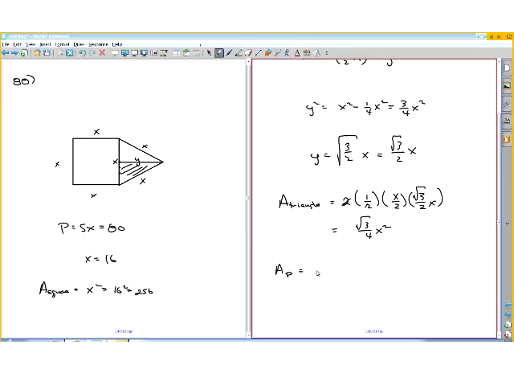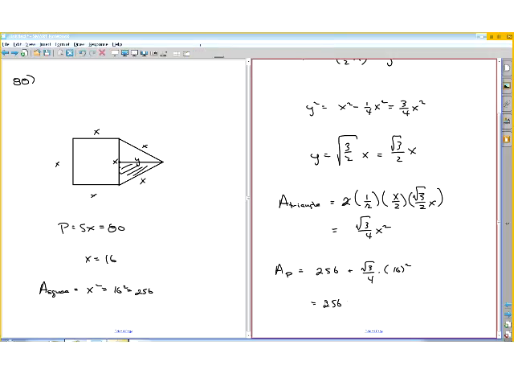So the total area of the pentagon is going to be the area of the square, which is 256, plus the square root of 3 over 4 times x squared, which is 16 squared. So we get 256 plus the square root of 3 divided by 4 times 16 squared. That's about 366.